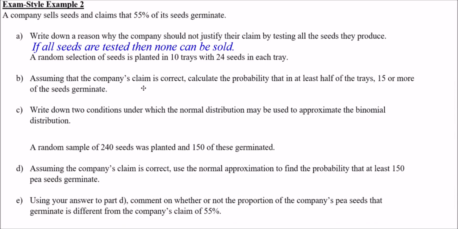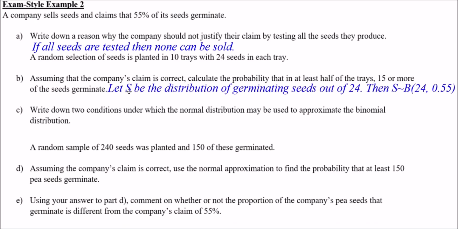So the first thing to say here is we can let S, for seeds, be the distribution of germinating seeds out of 24. So the number of seeds you can expect to germinate out of 24 will be binomially distributed, 24 seeds, 0.55 proportion of any one seed germinating.